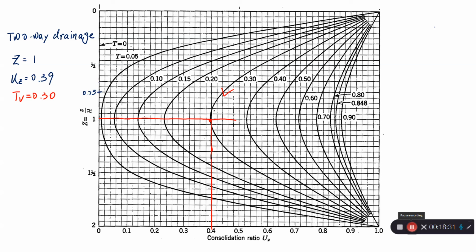So we are looking for 0.67. So here is 0.65. So a little bit below that, so we come over here, so probably here. If we draw a line down, it is located here, so it's approximately UZ equals 0.48, right?